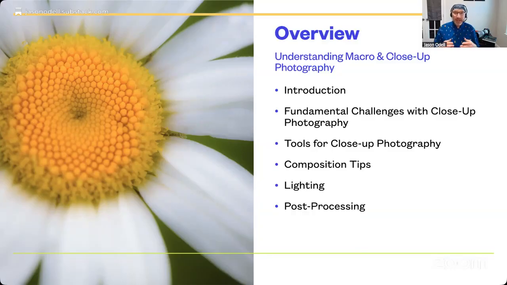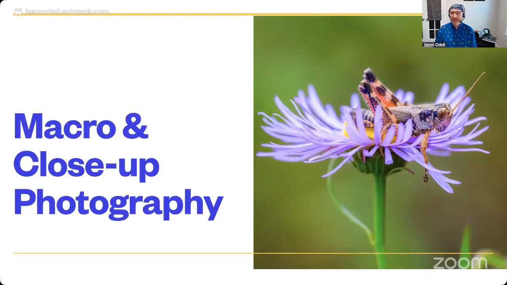In fact, when I was starting out getting newer cameras, film cameras, after I bought a zoom lens, the next lens I bought was a macro lens because you can have so much fun with them. They let you do all kinds of stuff, and they're really great optics. They tend to be really good lenses. So let's talk a little bit about macro and close up. Just want to share a few photos first and go from there.